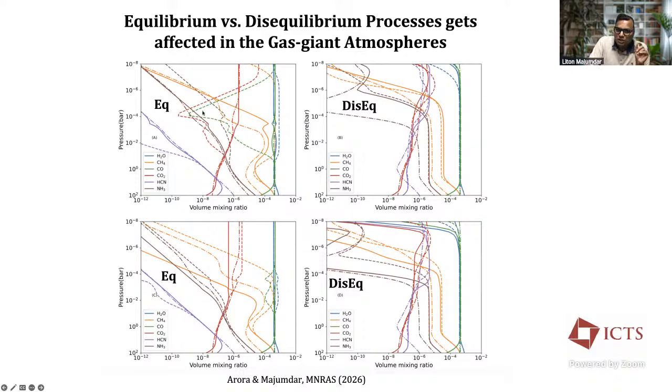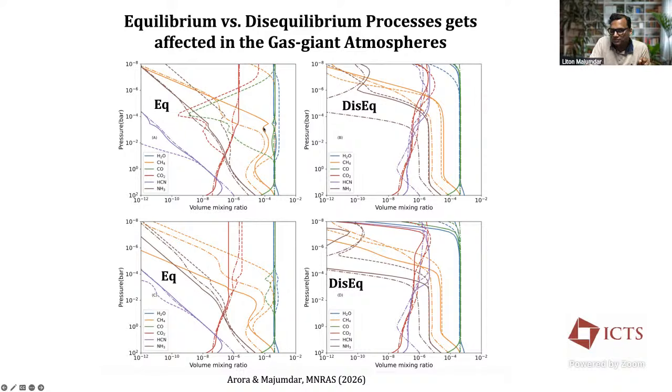Even for the equilibrium abundances, if you just look at the solid lines and the dotted lines, these two come from two different physical models, one from the 1D RC model and another from the dayside average PT profile coming from the GCM model. As you can see, even for the equilibrium composition, if you have a wrong PT profile, that gives you completely different equilibrium abundances for the same atmosphere.